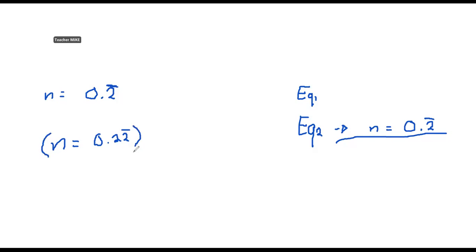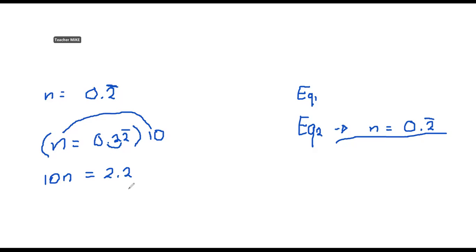Gagawin ko dito sa blackboard. Then, i-multiply natin siya sa tens lang kasi yung original natin sa tens lang naman siya. Kapag na-multiply natin siya sa tens, itong n, multiply natin sa 10, so magiging 10n siya. Then, ito naman 0.22, i-multiply natin sa 10, so move lang tayo ng isang decimal place, magiging 2.2 siya.